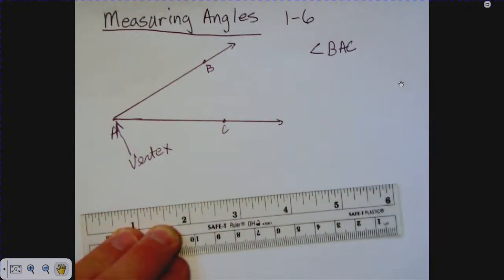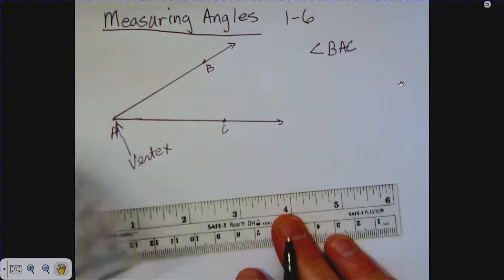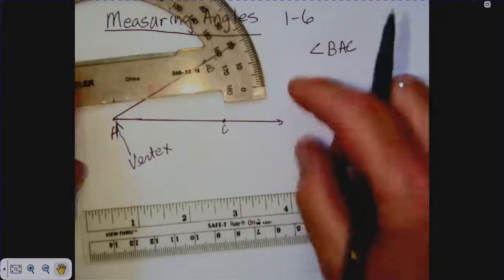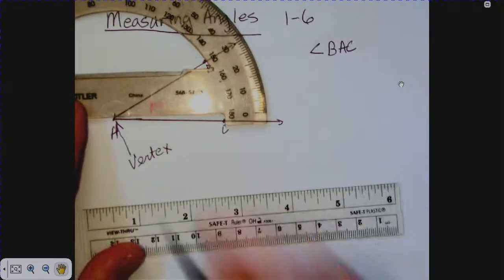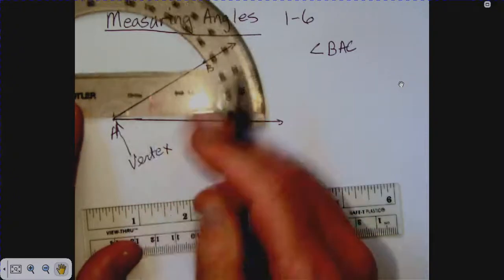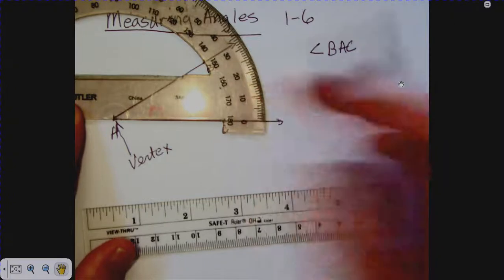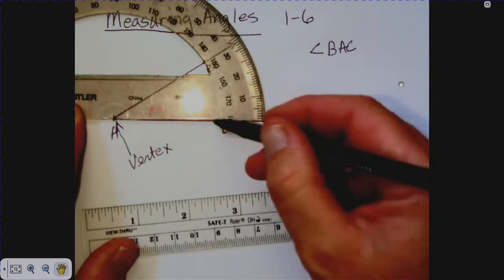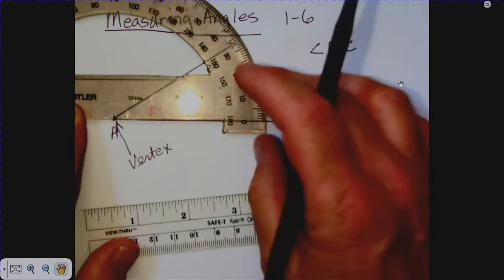Now, we can measure angles by using a protractor. I'm sure you've done this sometime before in your math career. What we do is take the protractor, put this little mark here at the common endpoint A, and line up this bottom line with the bottom of the protractor and this zero line here.